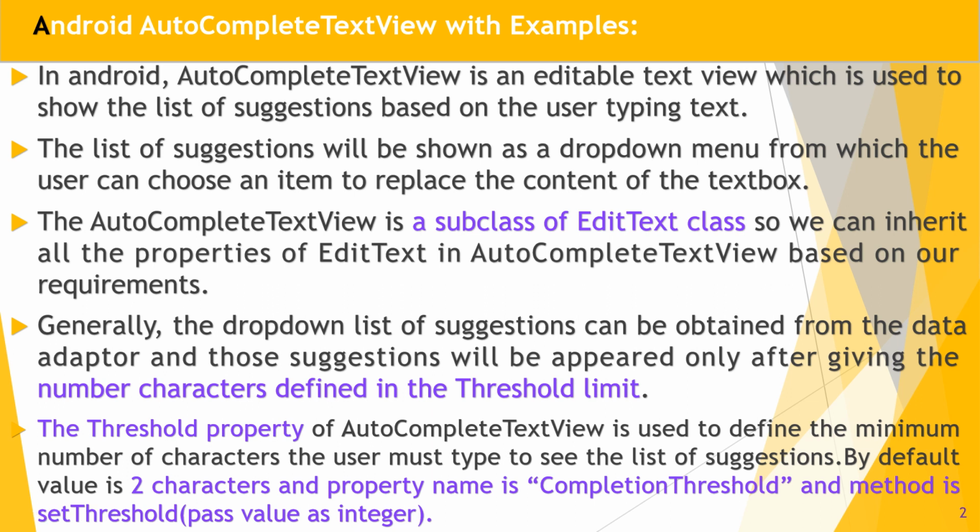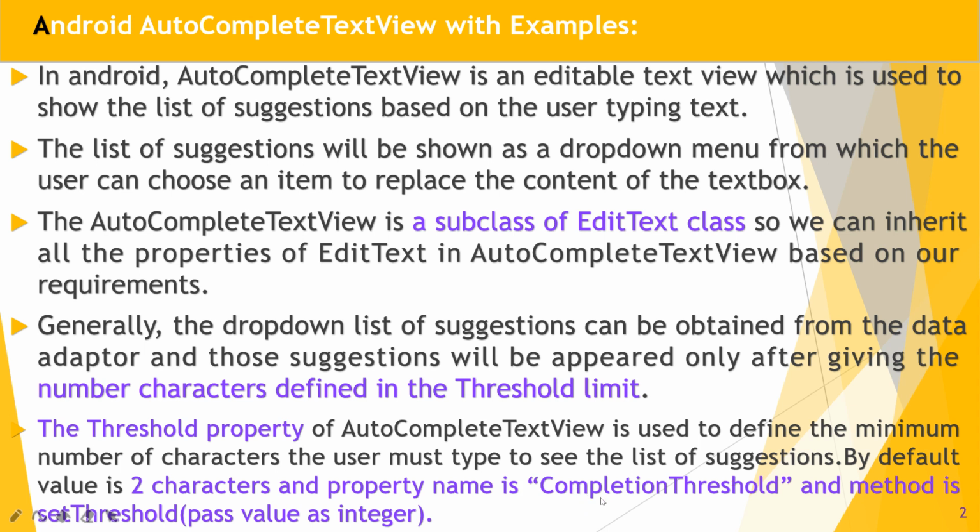By default, the value of the threshold property is 2 characters. That means when we type the first 2 characters, the list of suggestions will automatically appear in the autocomplete text view. The name of that property in our attribute window is completion threshold.